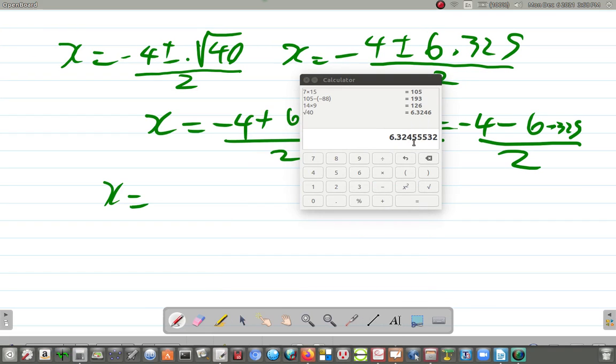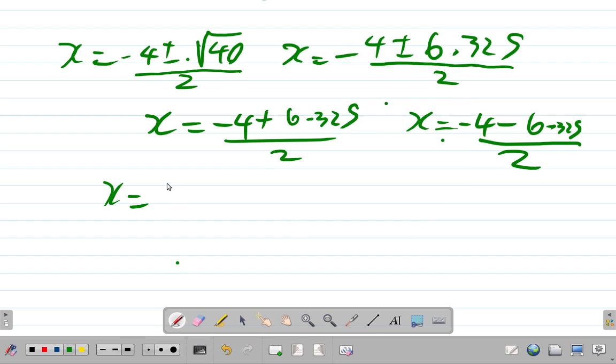Let's fix that up here now. Negative 4 plus this. Let's put them in brackets. And then that divided by 2 equals 1.163. So that's 1.163.